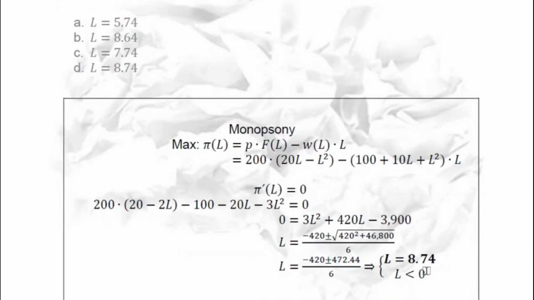And by doing the appropriate calculations, if I'm not wrong, the result was 874. Okay, so this should be the quantity of labor that Brian should hire.